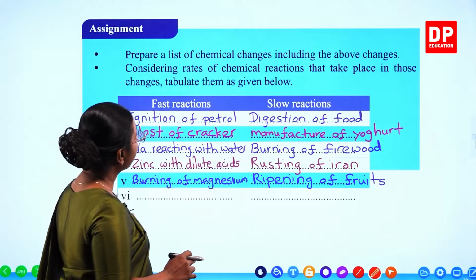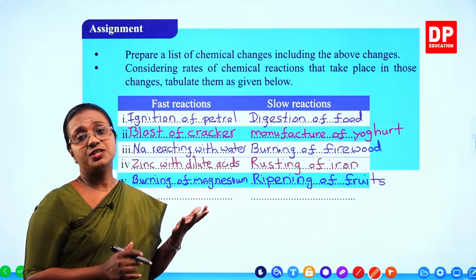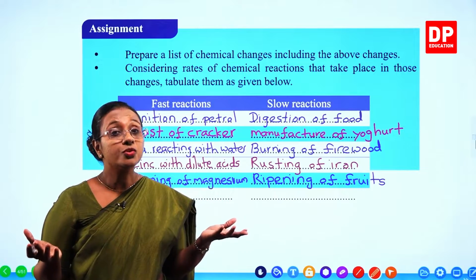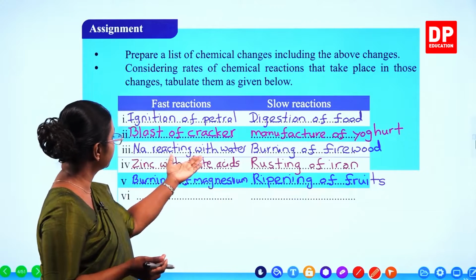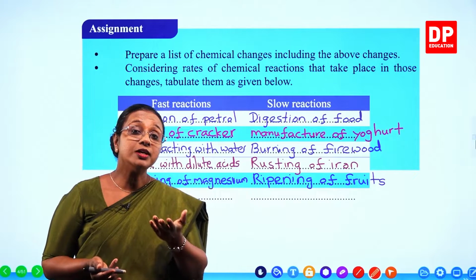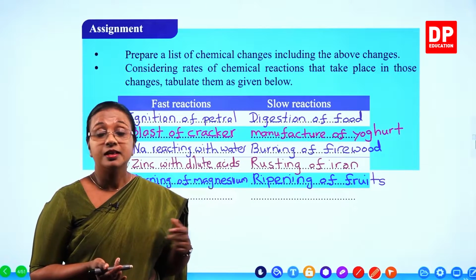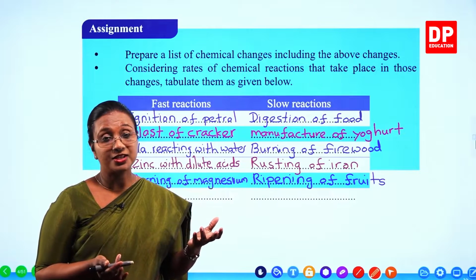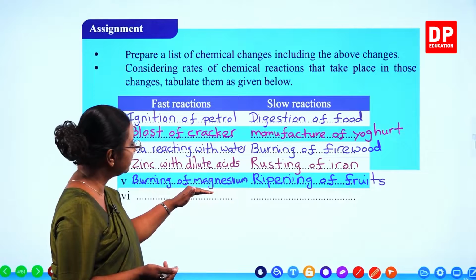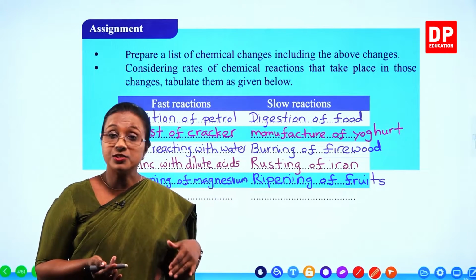So these are the reactions that we discussed before. What are the other reactions that you can think of? Sodium reacting with water, that we have already written, burning of magnesium. How about reaction of magnesium with water, hot water? That is also a reaction. But compared to burning of magnesium, reaction of magnesium with water is slow.